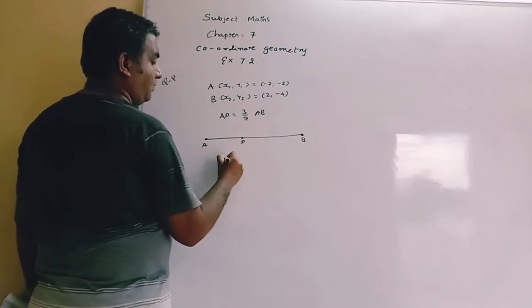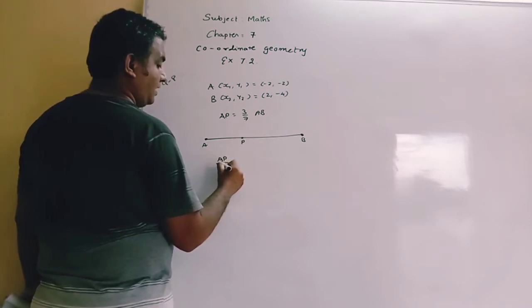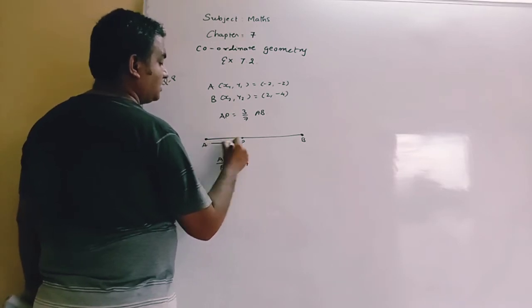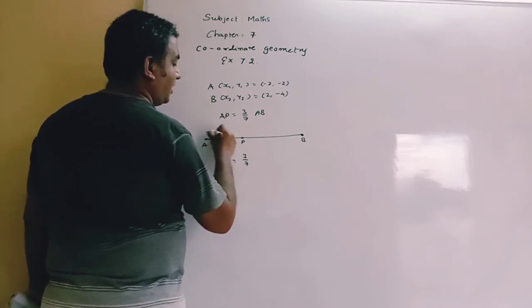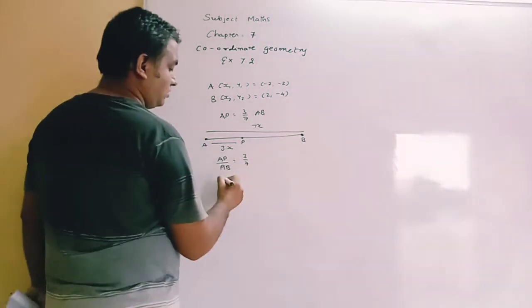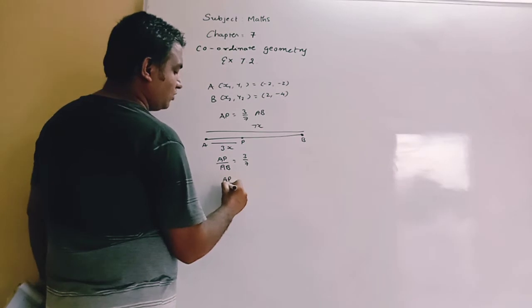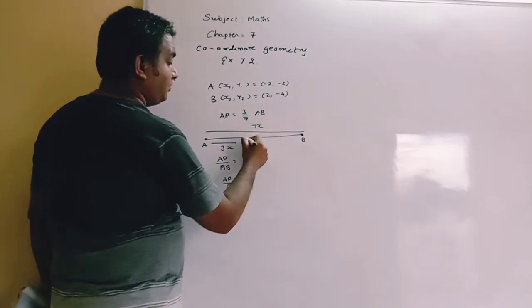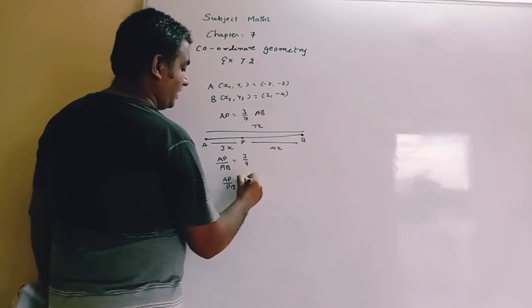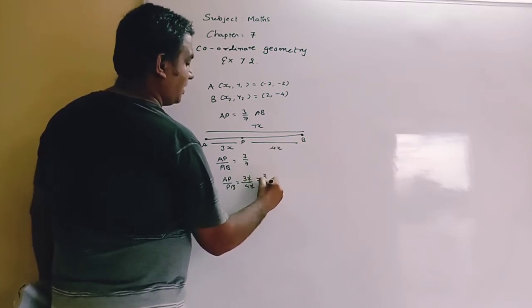So the AP by AB ratio is given as 3/7. So AP is 3x and AB is 7x, and so PB length will be 4x, and the AP by PB ratio is 3x by 4x. The x cancels, so 3/4.